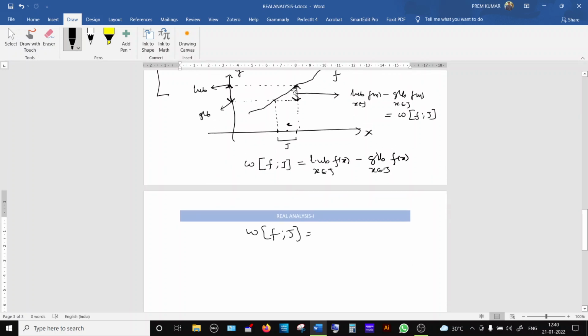If this oscillation is big, then the function cannot be continuous at that point A.